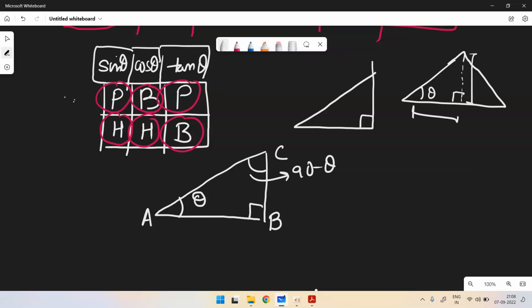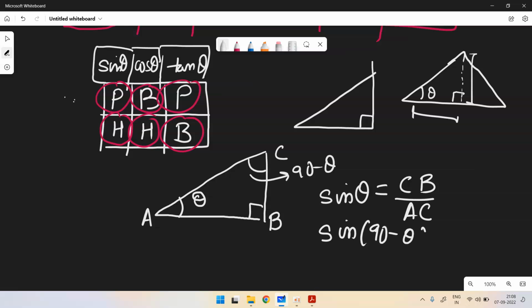Now from here, sine theta equals, for this angle, CB is my perpendicular and AC is my hypotenuse. Now this is sine 90 minus theta. For this angle, looking from here, AB will be my base, and AC will still be my hypotenuse.